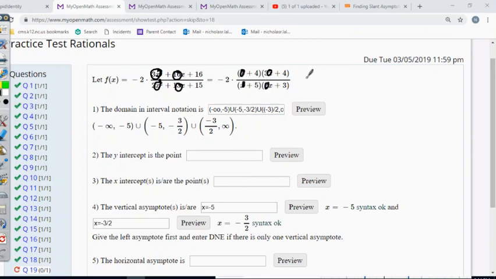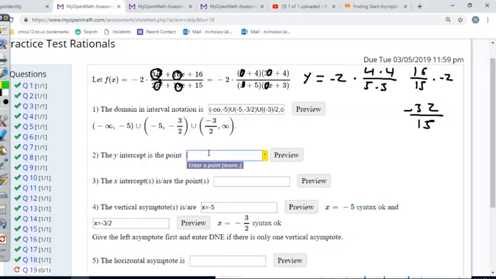You have y is equal to -2 times 4 times 4 over 5 times 3. So that's 16 over 15 times -2, so that's -32 over 15. All right. Y-intercept is the point 0, -32 over 15.